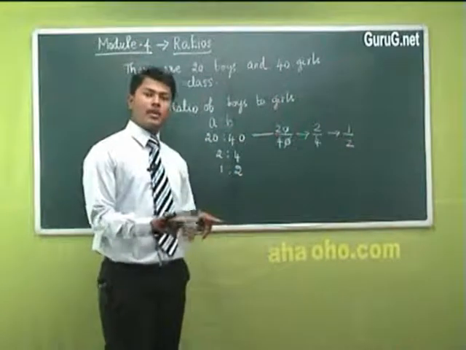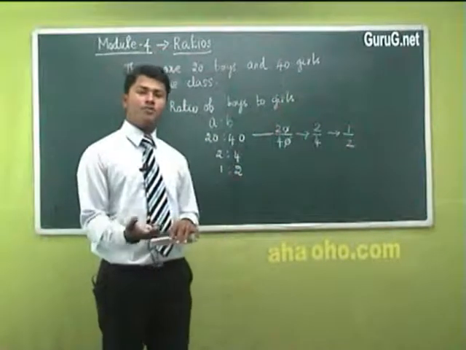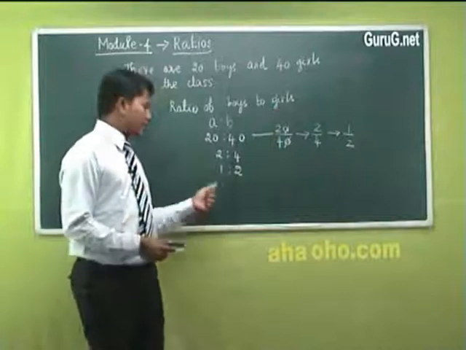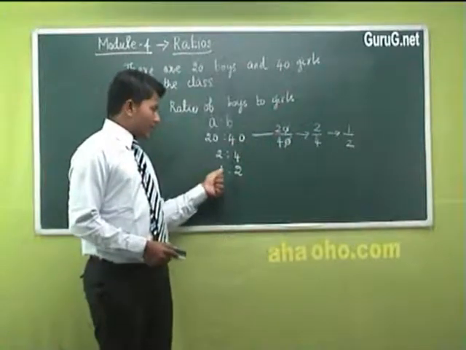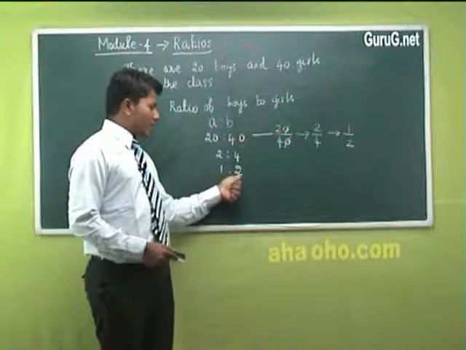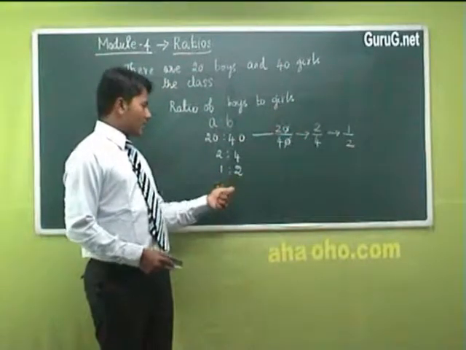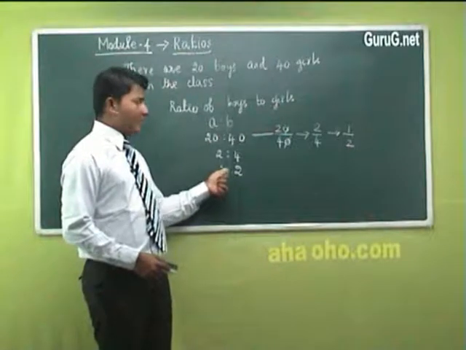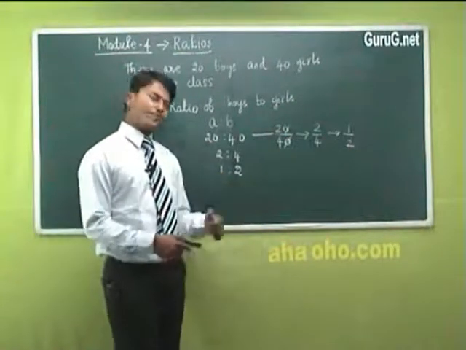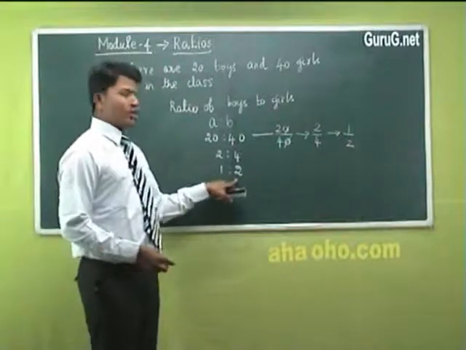In terms of percentage, which we have seen in our other modules, the number of girls is twice that of boys, something around 100% more than boys. So this is the ratio representation.